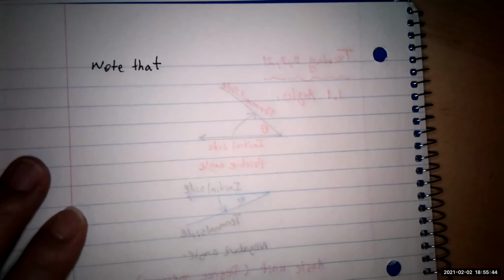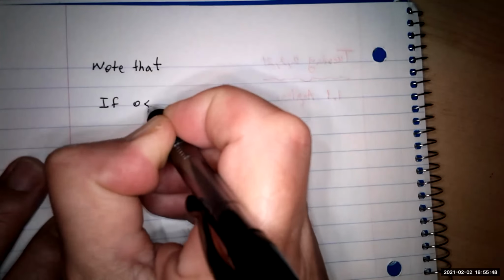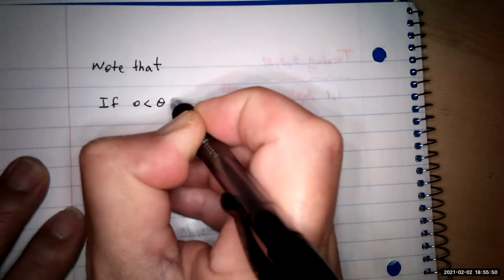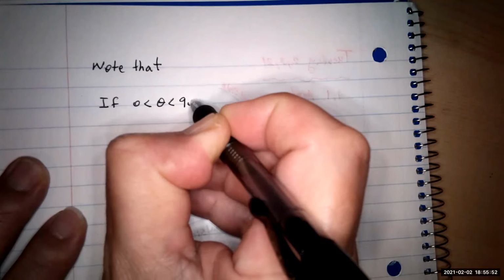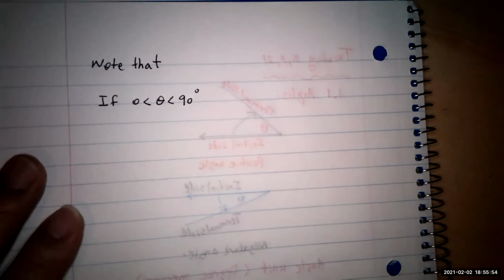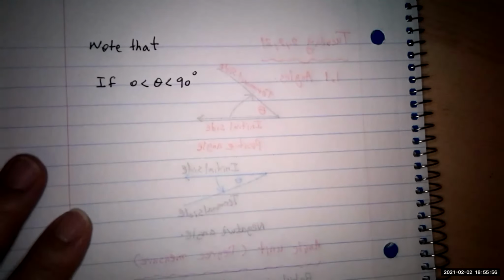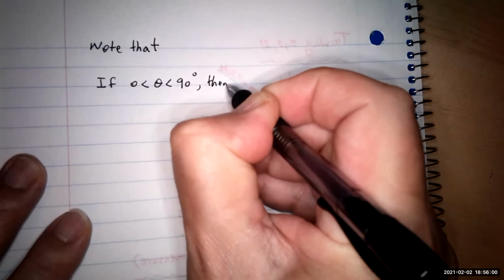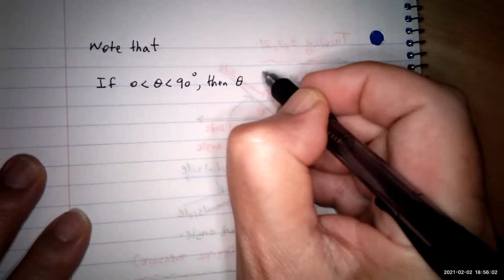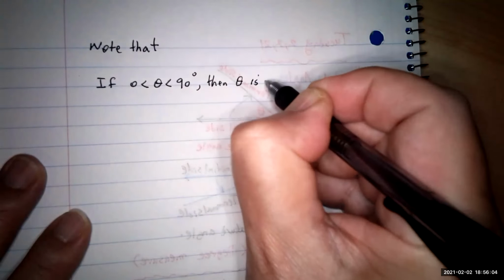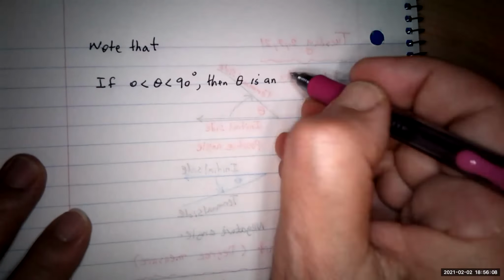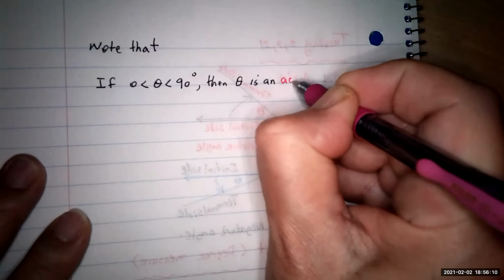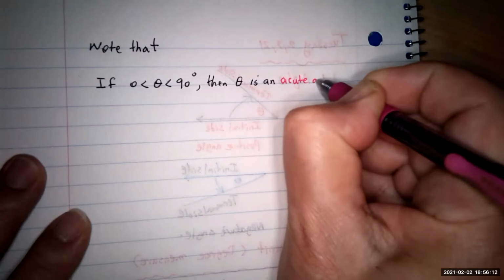Okay, note that if the angle theta is going to be between 0 and 90 degrees, an angle which is less than 90, we call it an acute angle. So then theta is going to be an acute angle.